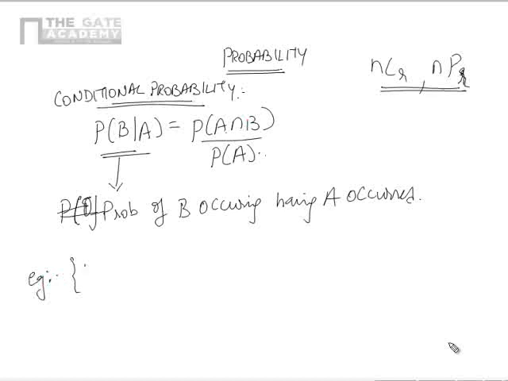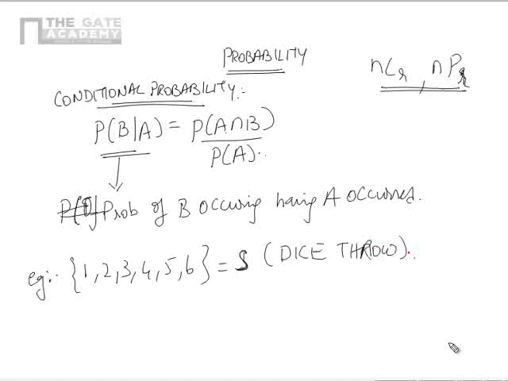Say that I am throwing a die. So what are the possible outcomes? 1, 2, 3, 4, 5, 6 is my sample space for the throw of a die, correct? Now I say that I should get an even number. These are my even numbers.